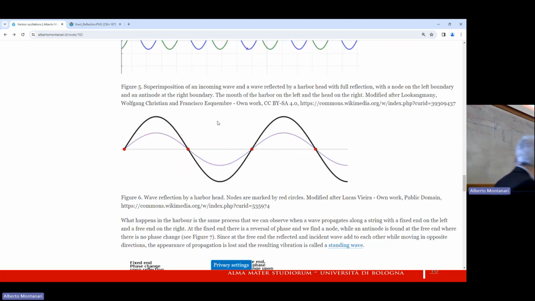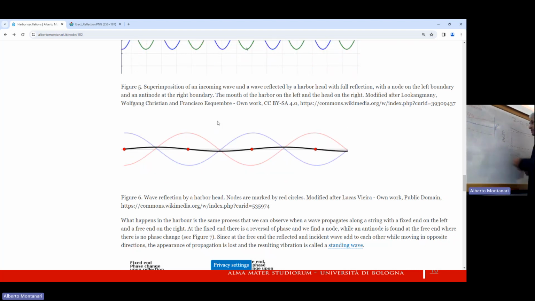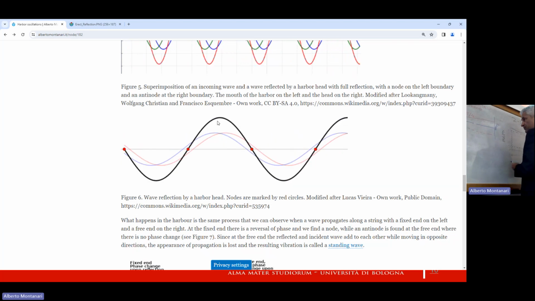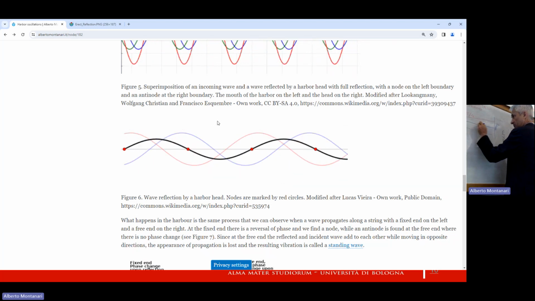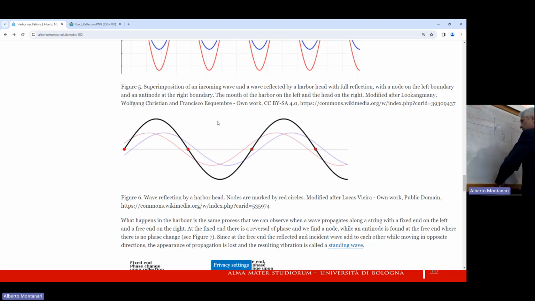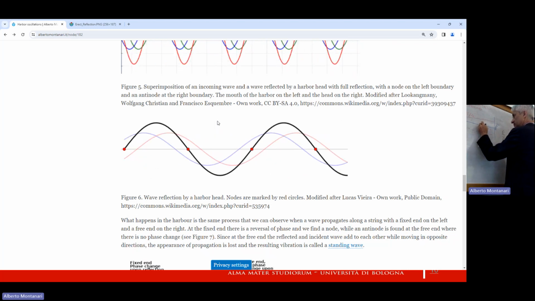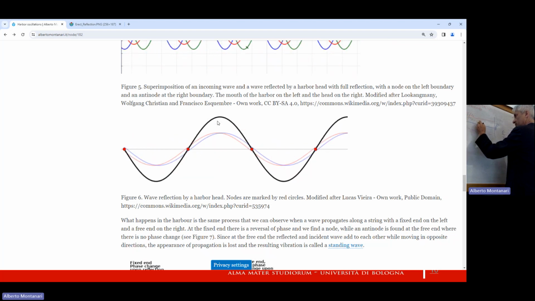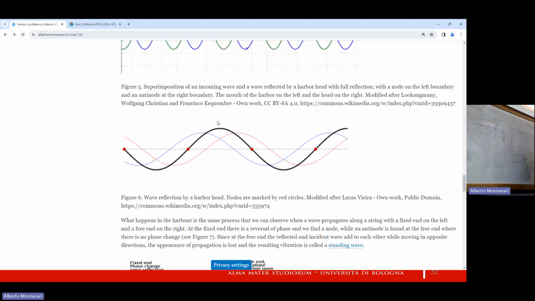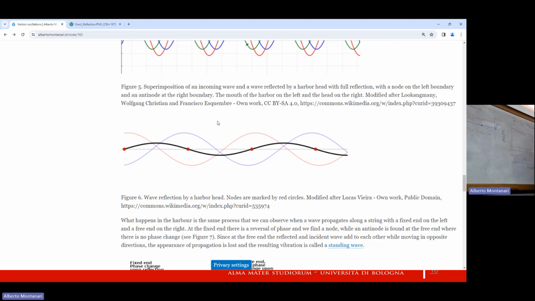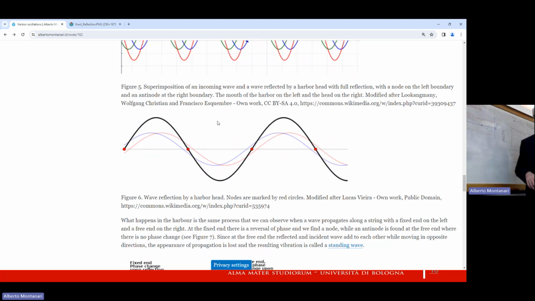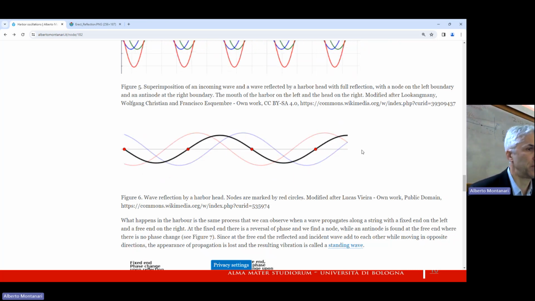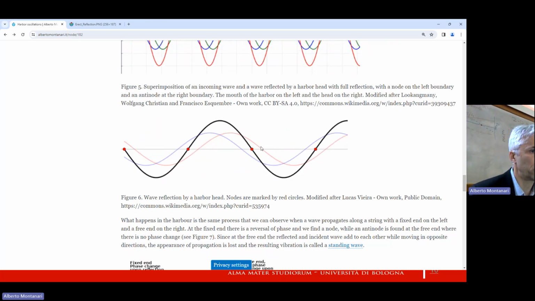Okay, perfect, it's here. Okay, this is only one node. And then there is this figure here with 2, 3 nodes.